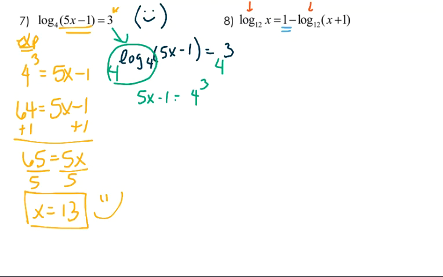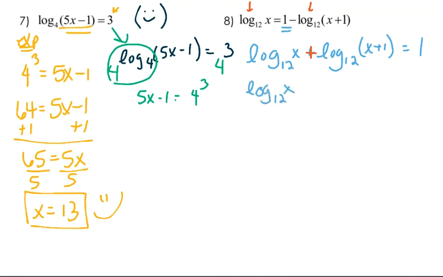I'm going to add the log from the right to the left. Alright, now I'm going to combine these two logs. Notice there's an addition sign. So the property says to make sure we multiply whatever is after the logs. So I've got log base 12 of x times x plus 1. And I only have one log now.